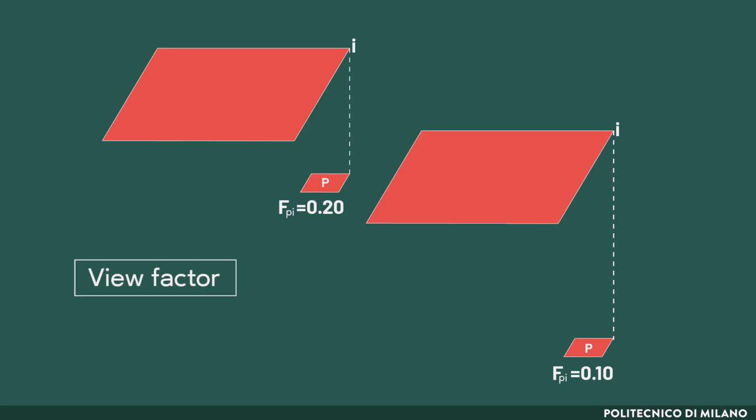The greater the apparent surface, the greater the amount of radiant energy the body receives. To quantify the phenomena, the view factor FPI, called the form or shape factor, is used, indicating the proportion of the radiation which leaves a surface P that strikes surface I.